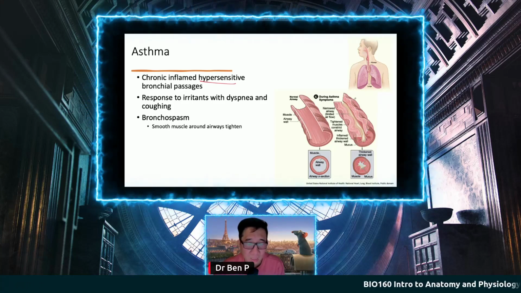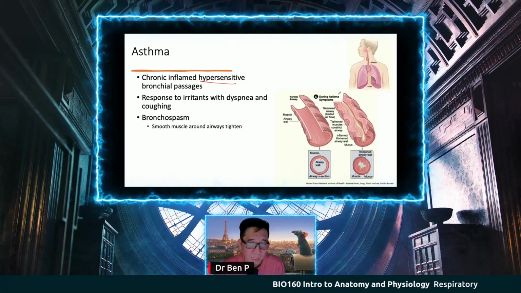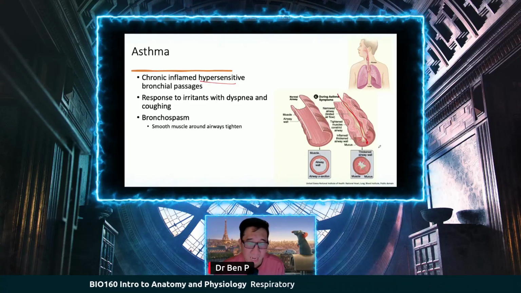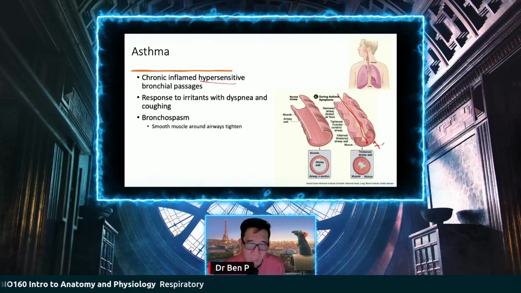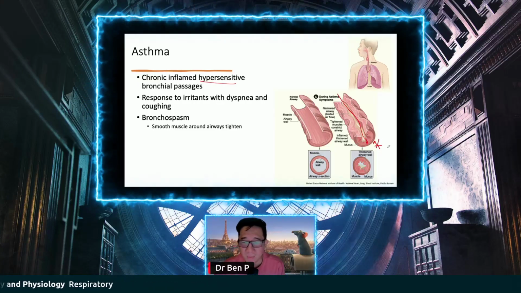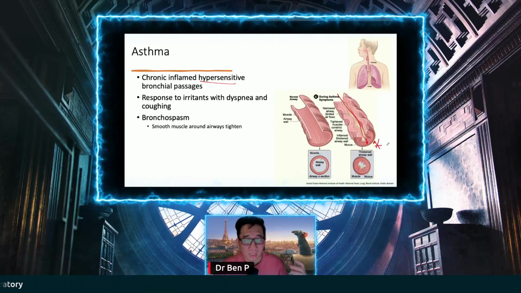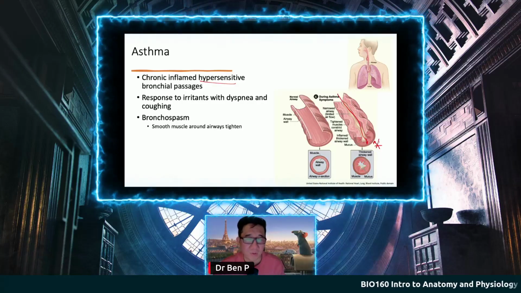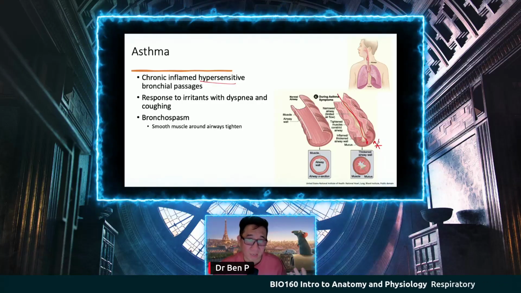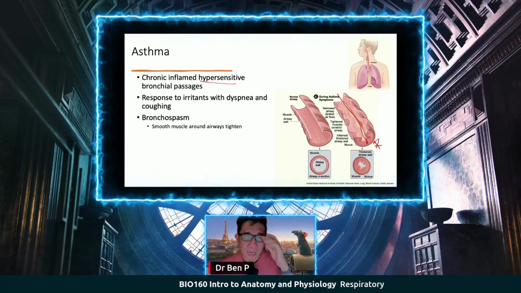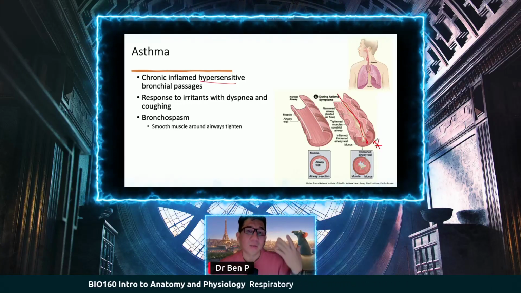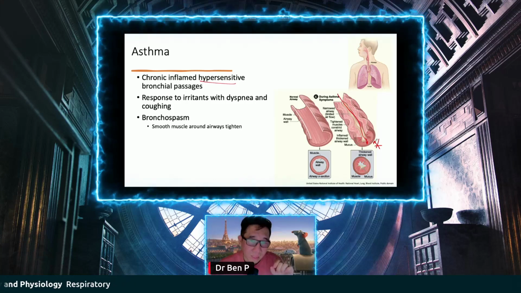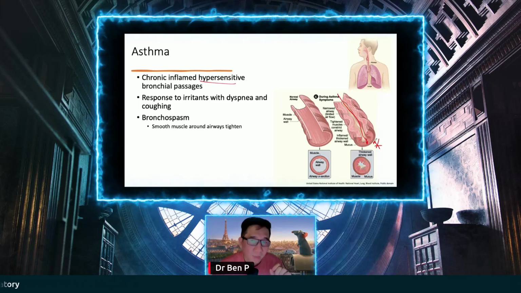Big thing is these folks can breathe in easily, but they have a problem breathing out. They cannot breathe out because the airways start to trap air. If you hear most of them, they can breathe in just fine, but when they breathe out, they have this wheeze.